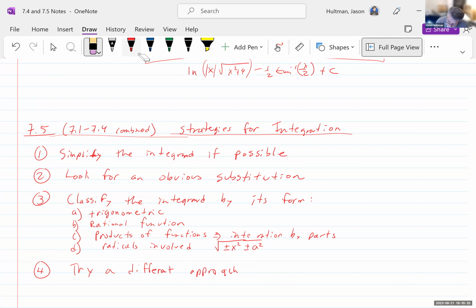Maybe take a break and come back and try something different. Different approach. Okay. Different substitution. Okay, different order for parts.